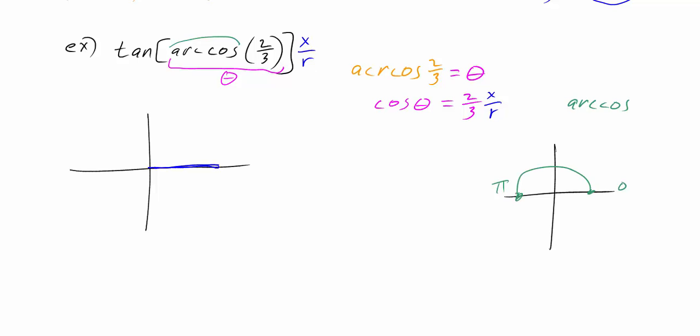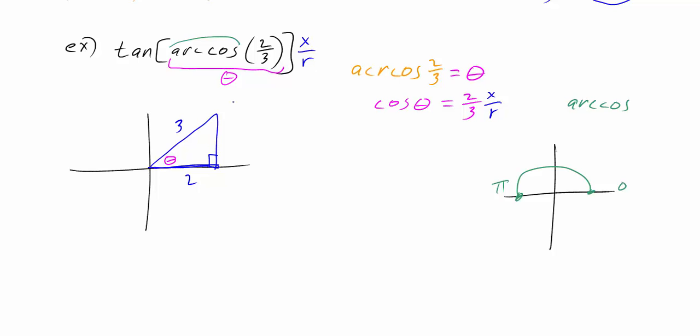So that means it has to be in the first or second quadrant. Because our x value is positive, our triangle has to be in the first quadrant. So here's our angle. We know that it's x over r, so we have 2 here and 3 up here. And now we have to find the missing side.